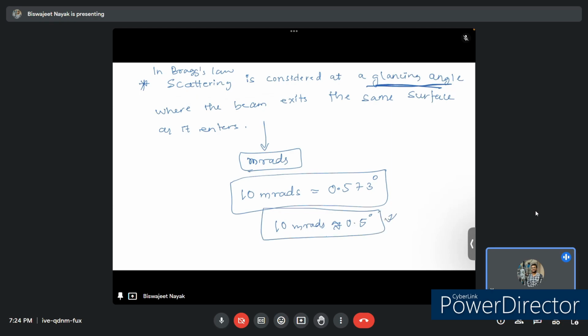This is the glancing angle. Mostly this glancing angle value is less than one degree.